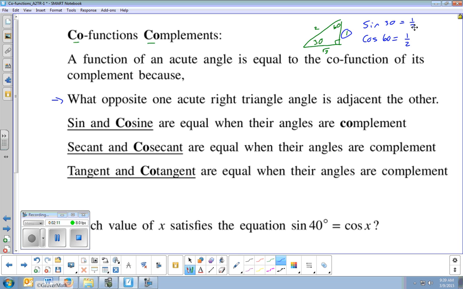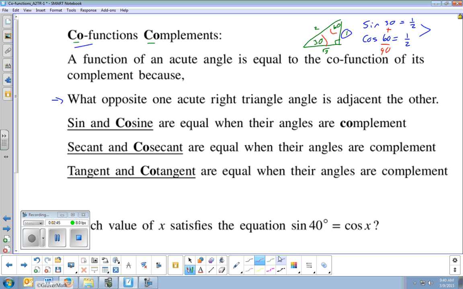And so we get this connection, which is related to what we call cofunctions, that sine 30 equals cosine 60 because 30 plus 60 equals 90, because they are the complementary acute angles of a right triangle. So if you have sine of any random acute angle, cosine of its complement is the same thing because it's just going from one angle to the other.